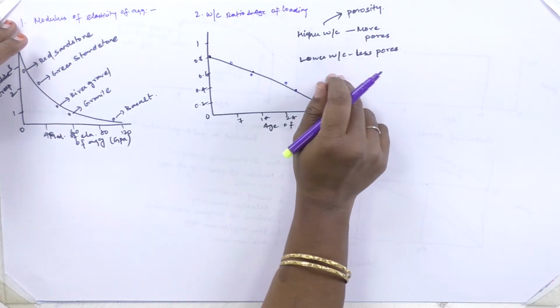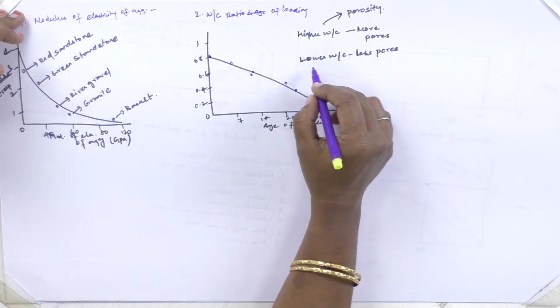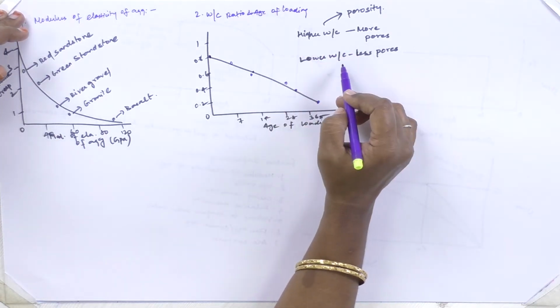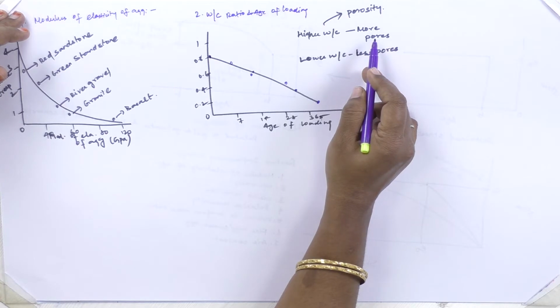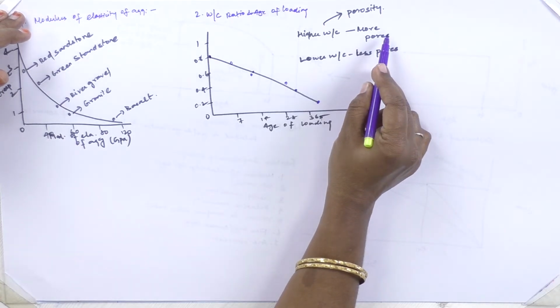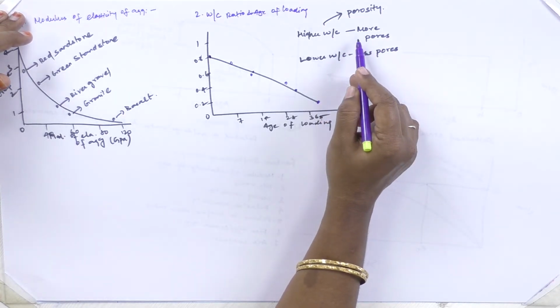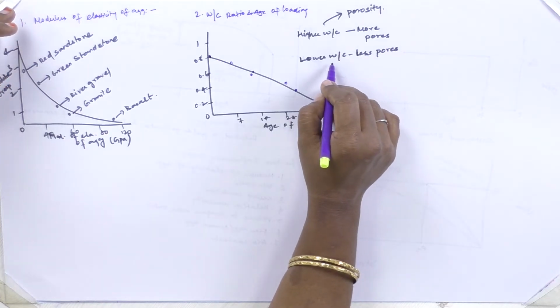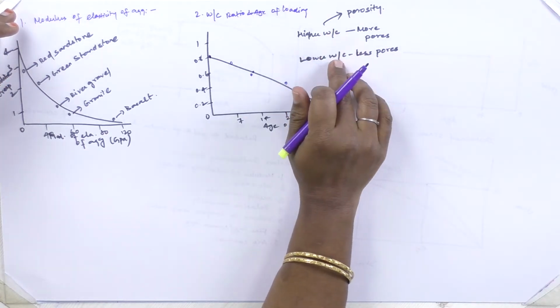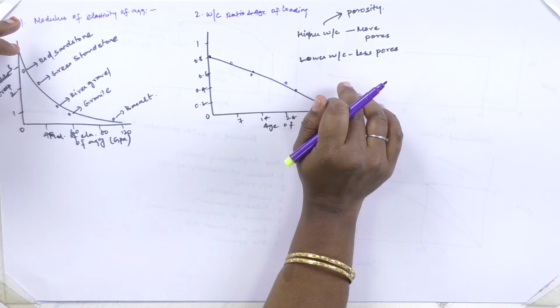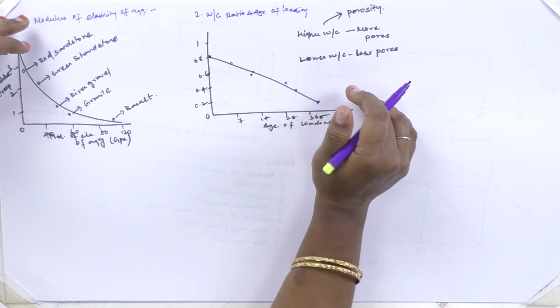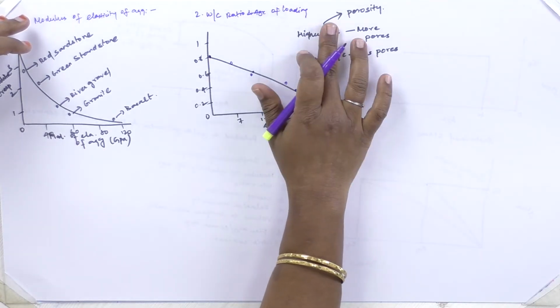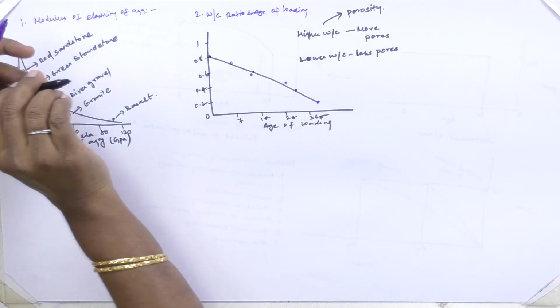Whereas in a lower water cement ratio there will not be as many pores as compared to that of a higher water cement ratio, and the creep action will be somewhat low when compared to this.